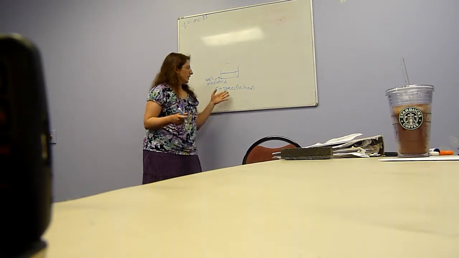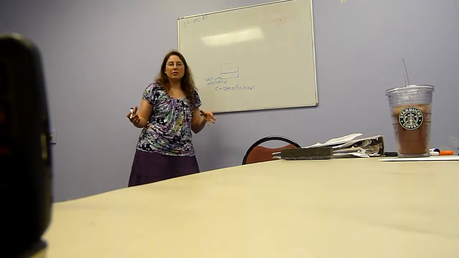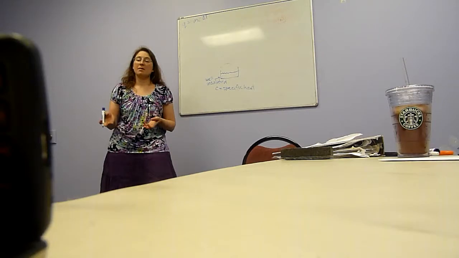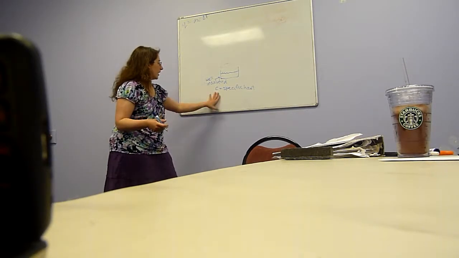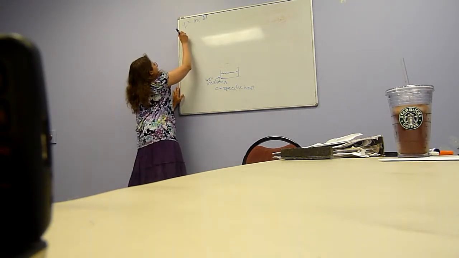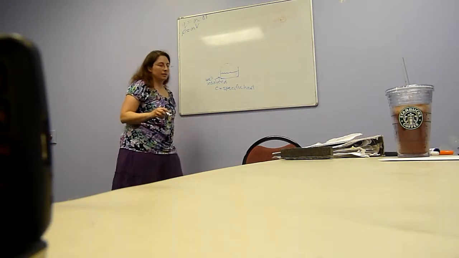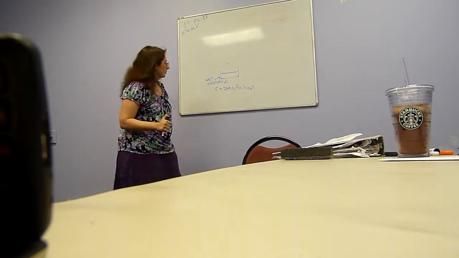And so this is one of the ways to identify an unknown metal. Dump it in some water, find its volume, find its mass, find its density. Then, density is mass over volume, right?